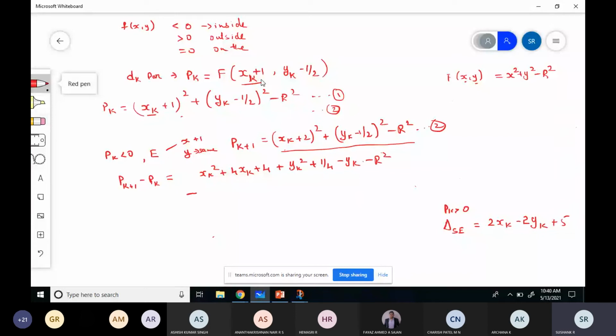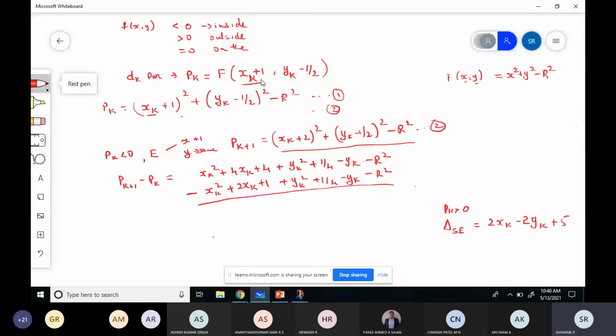I'll write this second expansion here: xk square plus 2xk plus 1 plus yk square plus 1 by 4 minus yk minus r square. So it's subtraction. Subtraction means change of sign. The same terms will get cancelled.